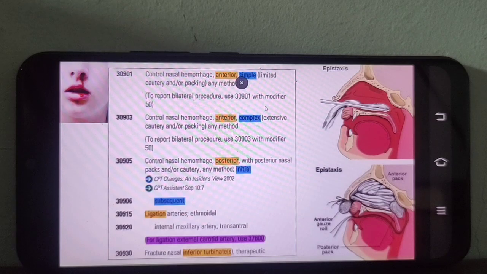I will give one more important key term for complex, please take a note: uncontrollable bleeding, non-stoppable bleeding is also a key term for complex epistaxis.